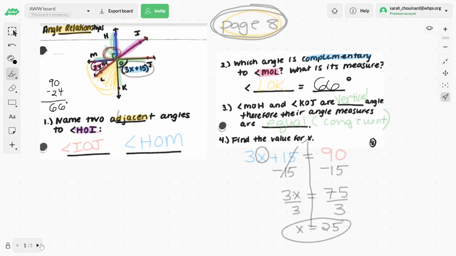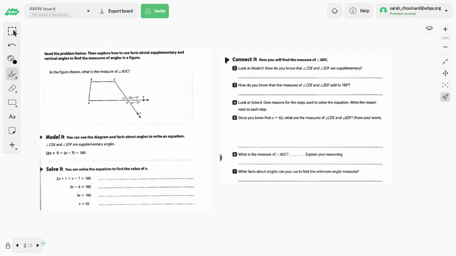So let's try setting up a few more equations. So here, they want us to find the measure of angle ADC. So ADC is right here. And I can see that ADC is vertical to this angle. So these two angles are vertical angles because they're diagonal opposites.